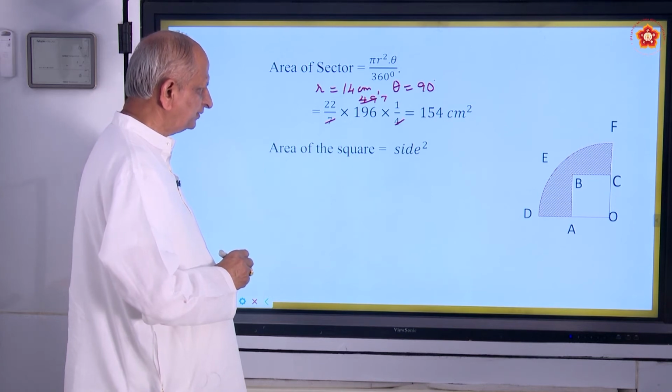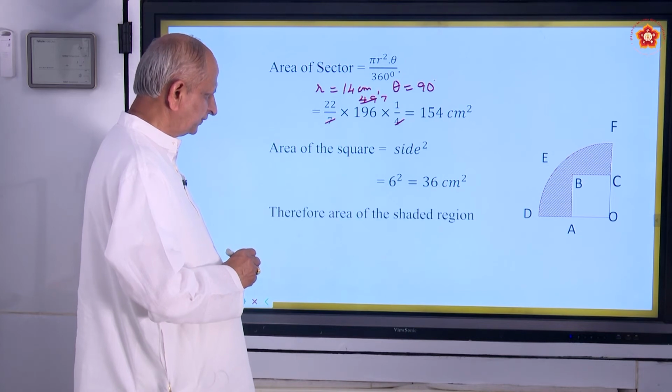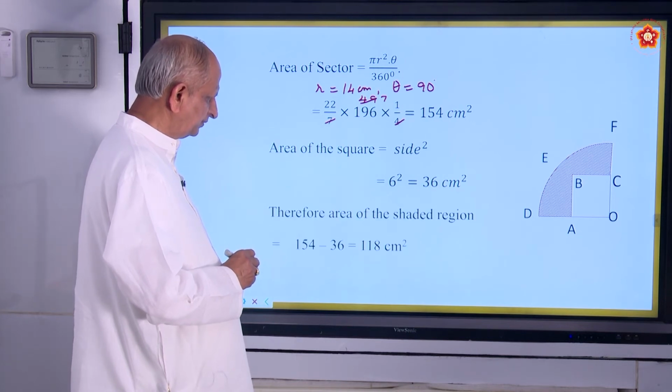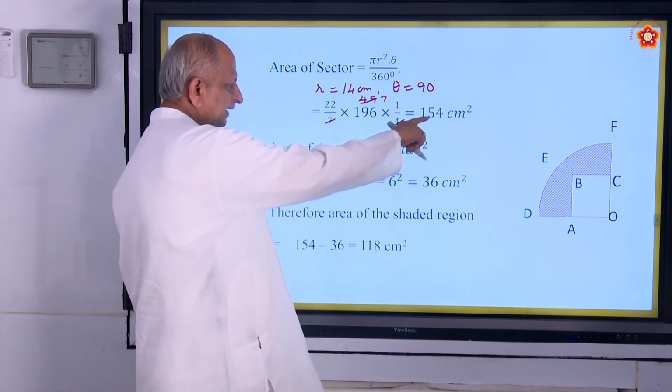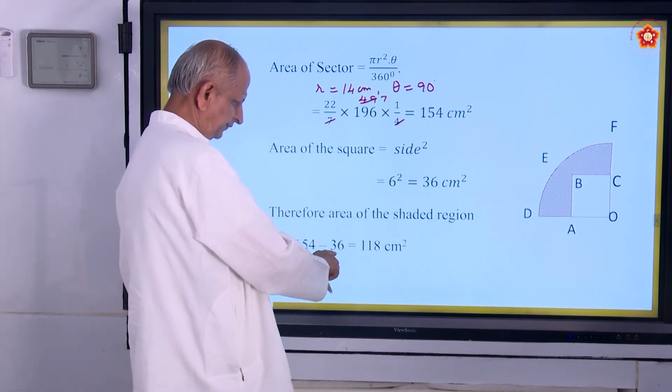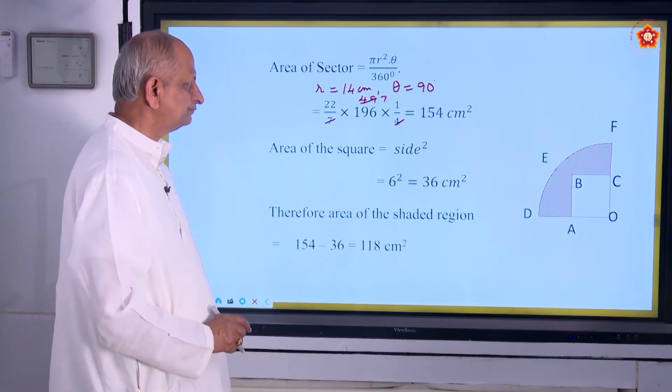Area of the square is side squared, 6 squared, that is 36. So area of the shaded region becomes 154 minus 36, that is equal to 118, that is the area.